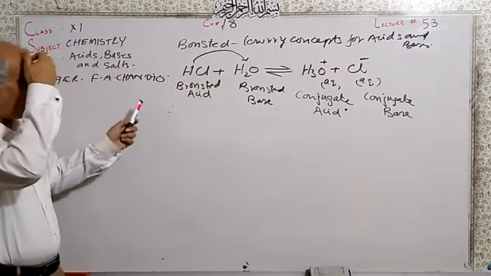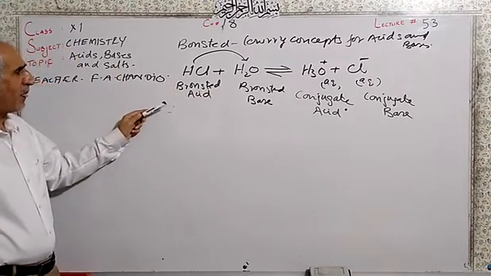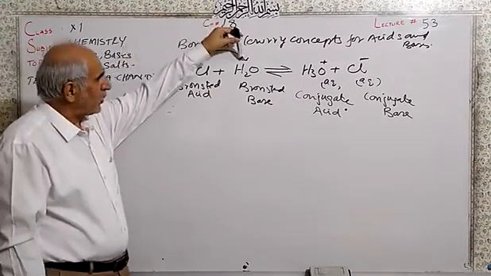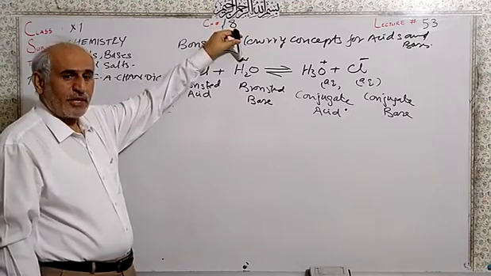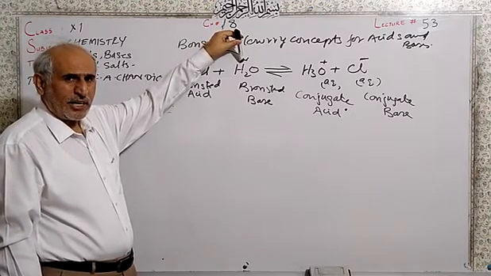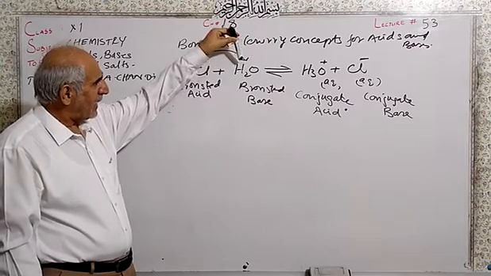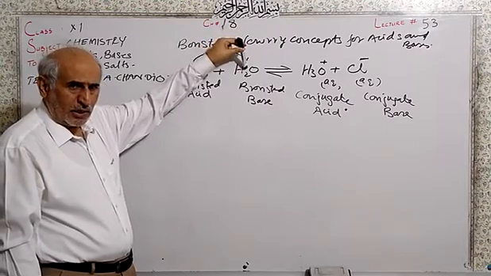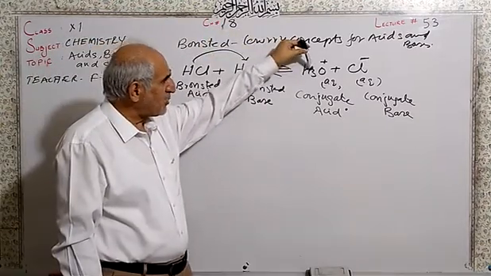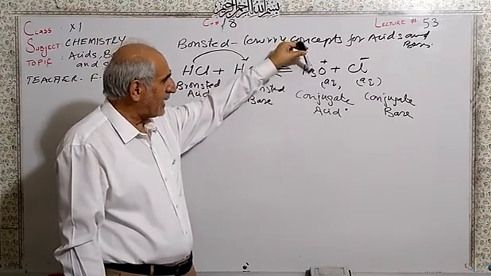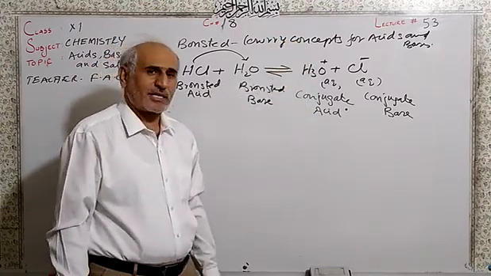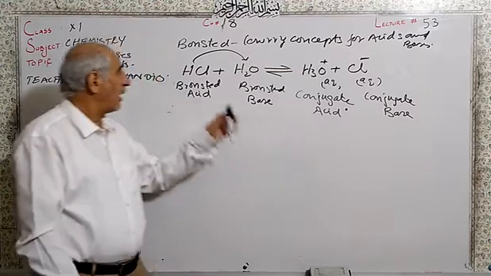The definition of conjugate acid: when a Bronsted base accepts a proton, the resulting species on the product side is called the conjugate acid.